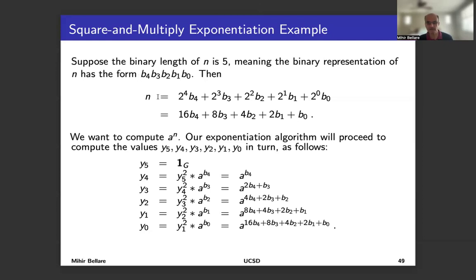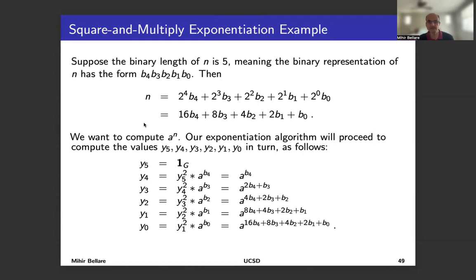We know how to turn binary into integer. The decimal or the numeric value of n is this formula in terms of the binary expansion, right? Least significant bit times 2 to the 0, next bit times 2 to the 1, etc., etc. Or expanding that out in the case that we know that n is of length 5, it looks like this.